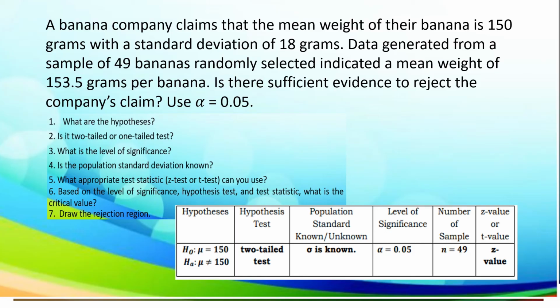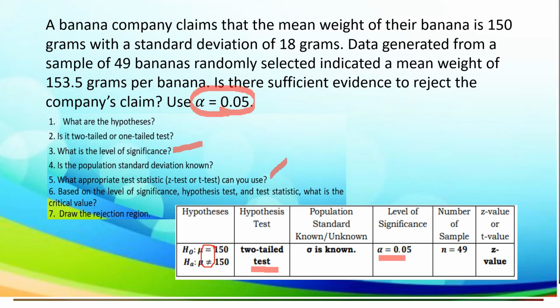Since we are indicating the null hypothesis here, which is equal to 150, and the alternative not equal to 150, we are referring to a two-tailed test. And the level of significance is clearly stated as 0.05.